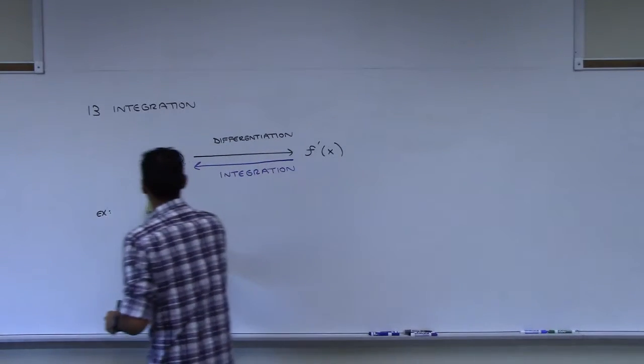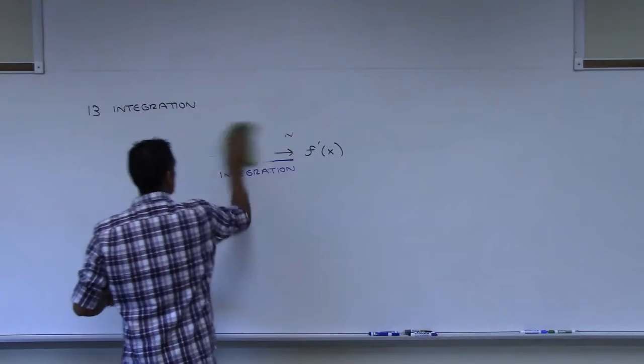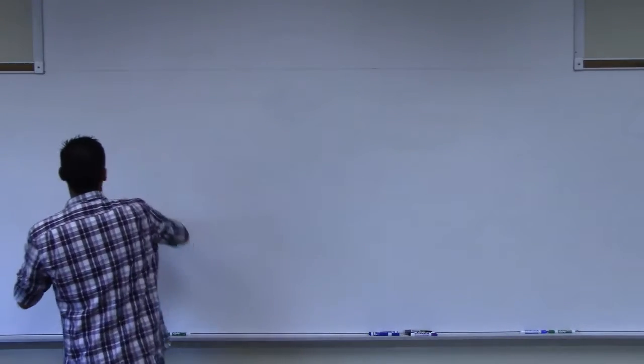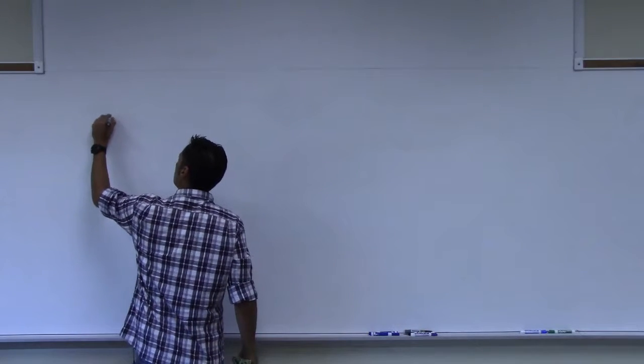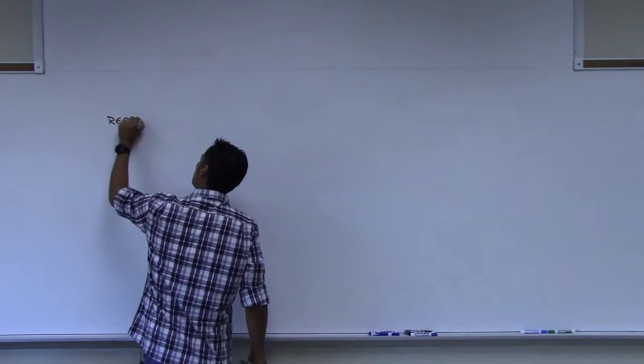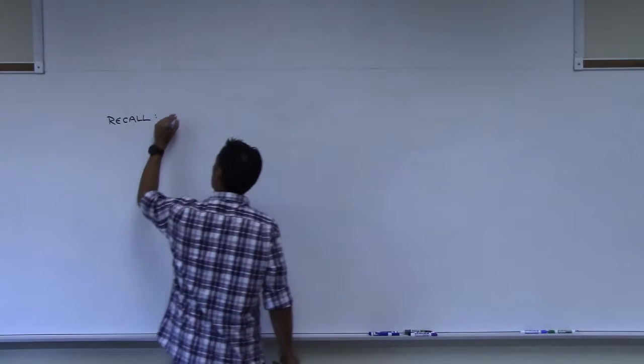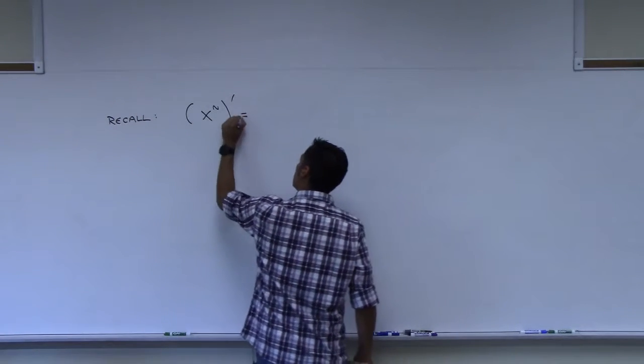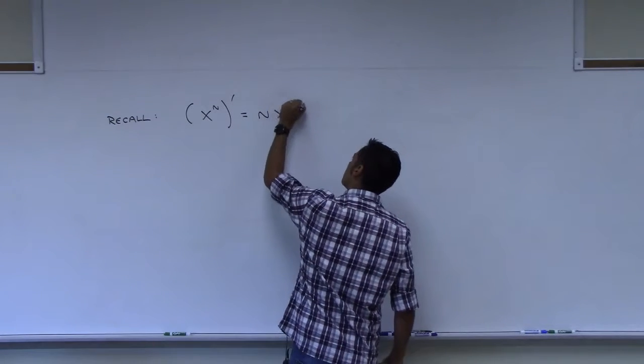And we'll start off with the one that we started with when we were doing differentiation. So do you remember this rule? Recall that if we had x to the nth power and we took the derivative, that n came down and then we subtracted 1.